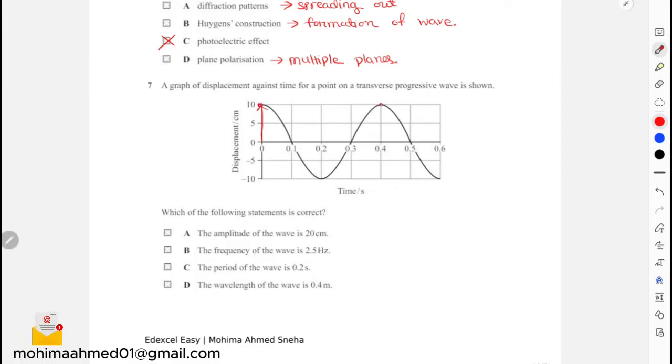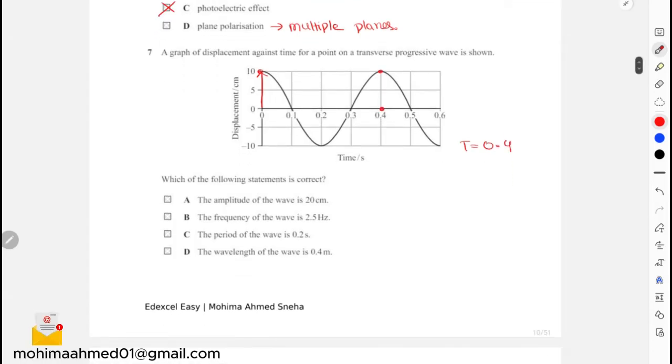From one crest to another crest, this is 0.4, so the time period is 0.4. In that case, frequency would be 1 divided by 0.4, which is 2.5. Let me do the working. This is 0.4, this one 0.4. Frequency is 1 divided by 0.4. This is 2.5 hertz, which indicates option B is your correct answer.